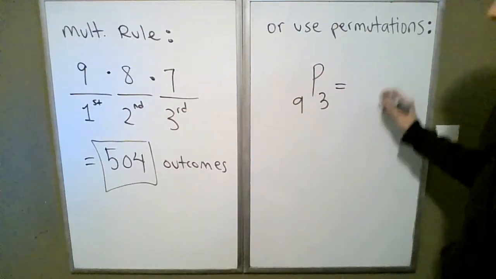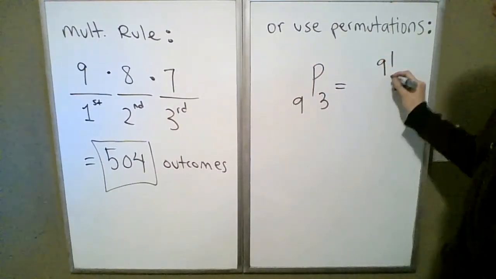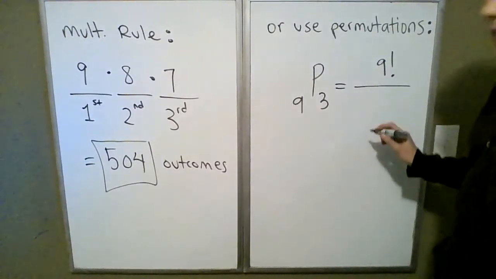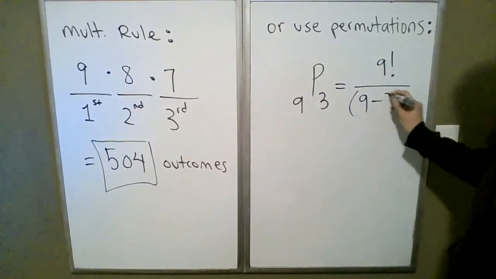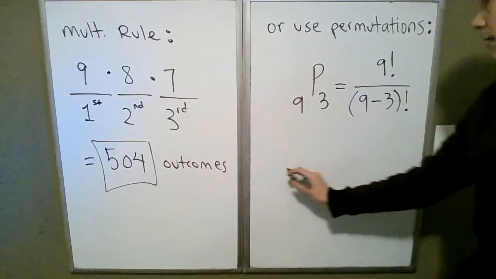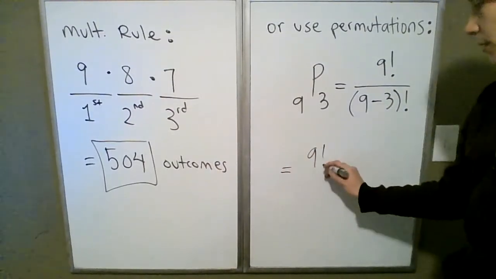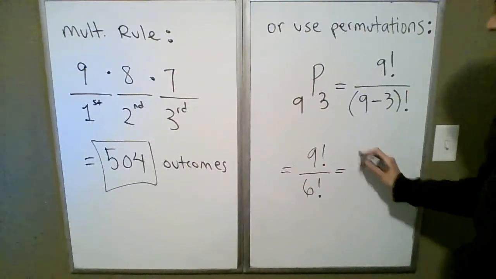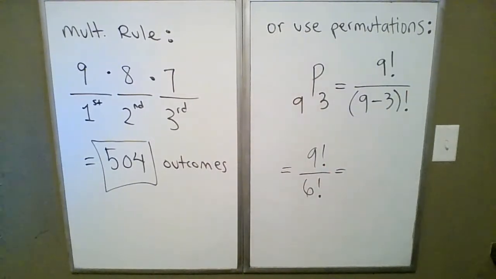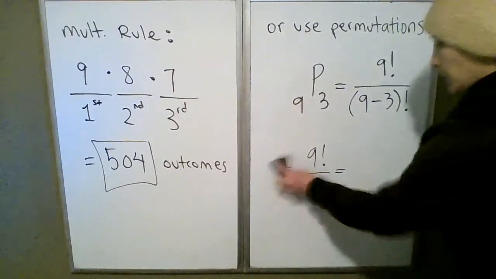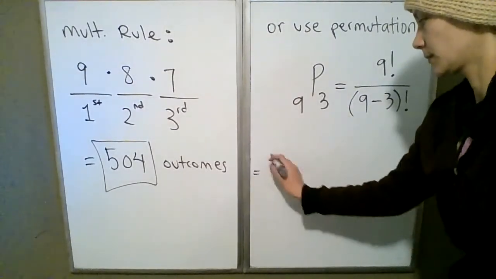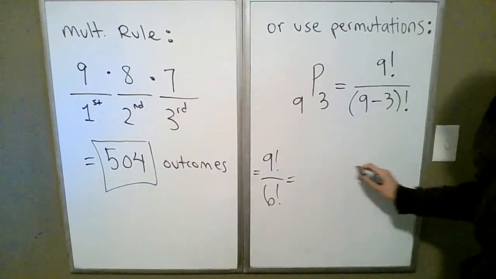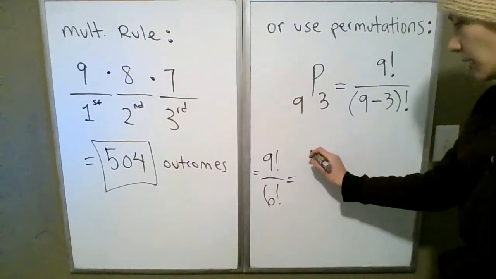It was 9 factorial, divided by 9 minus 3 factorial. 9 factorial over 6 factorial. It would be 9 times 8 times 7 times 6 times 5 times 4 times 3 times 2 times 1.